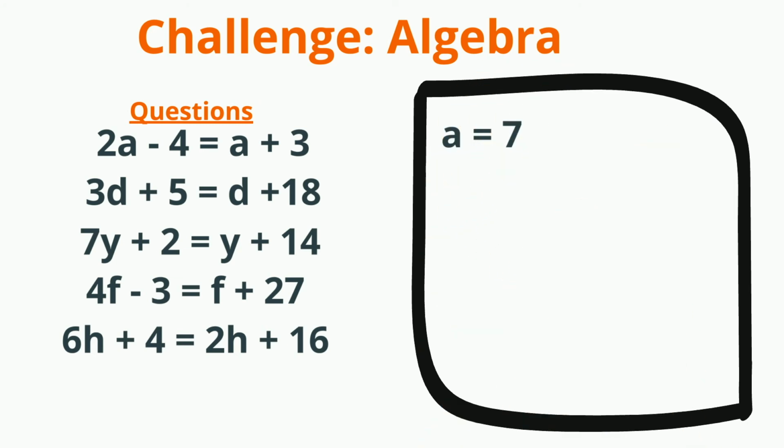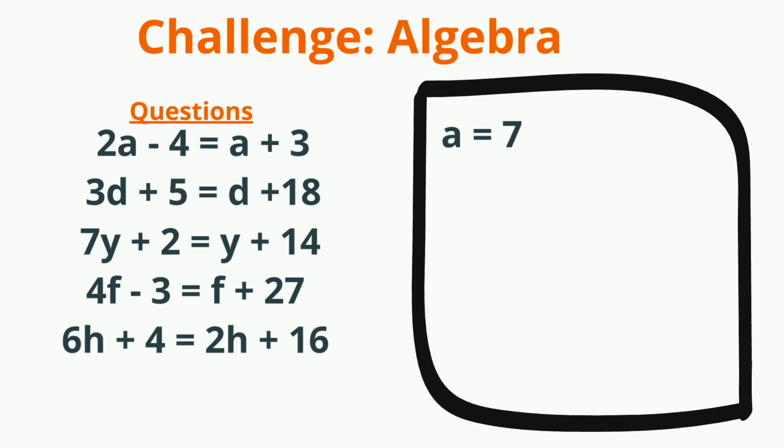So question 2. 3d plus 5 equals d plus 18. So again, let's take plus 5, move it to the right hand side. It's going to become minus 5. And we're also going to take the d on the right hand side, move it to the left. It's going to become minus d.